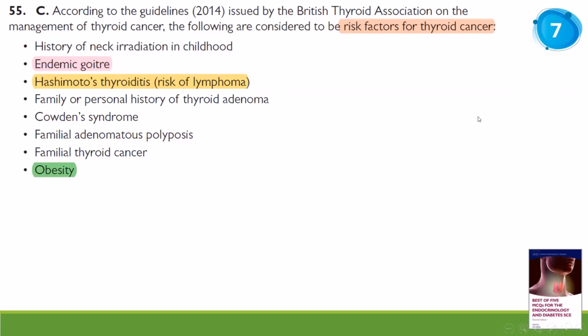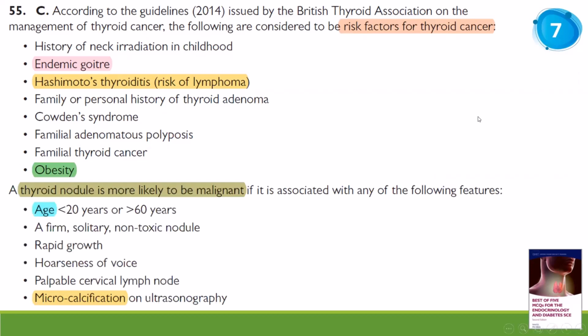And for bad prognosis, a thyroid nodule is more likely to be malignant in age less than 20 or more than 60, firm or solitary non-toxic nodule, rapid growth, hoarseness of voice, palpable suspicious cervical lymph node, and microcalcification on sonography.